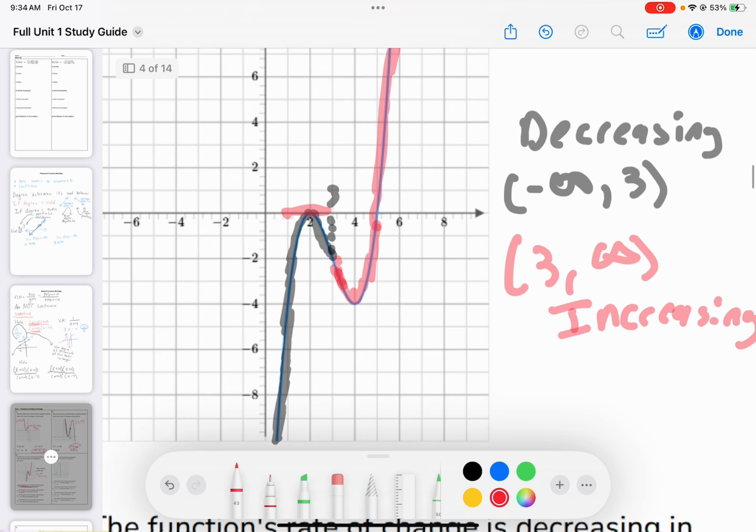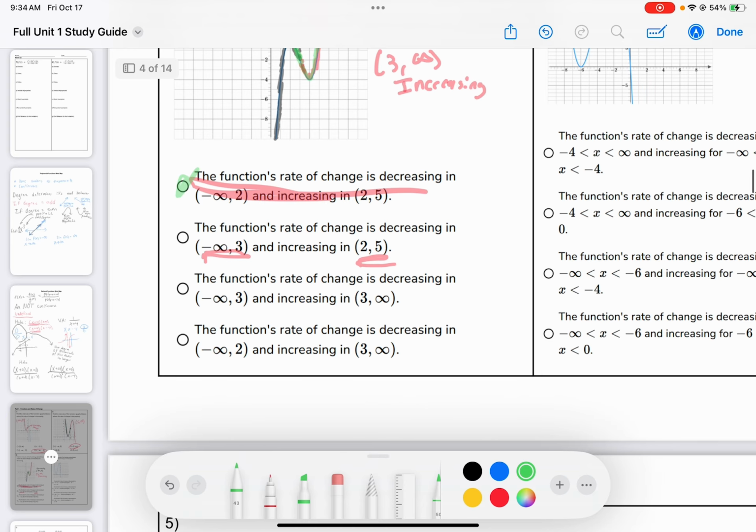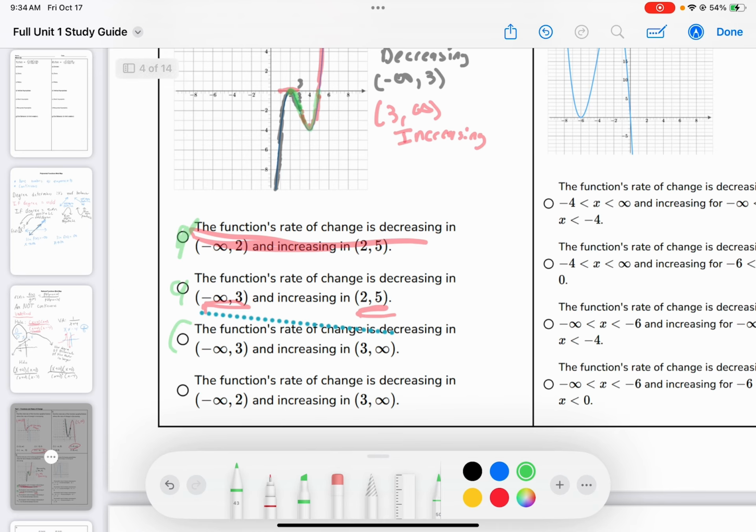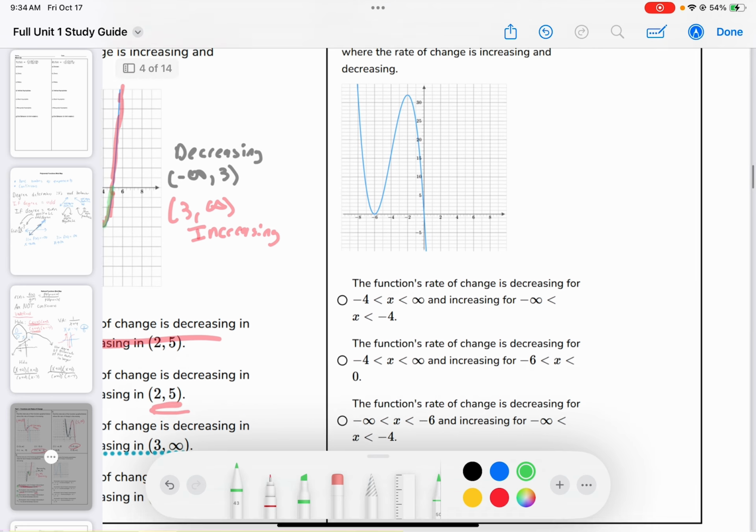From 2 to 5, let me grab a different color. That's here to here. Well, first of all, it's just not right. All right, we can move on. From -infinity to 3, 3 to infinity. Oh, there we go. We've got the right answer.